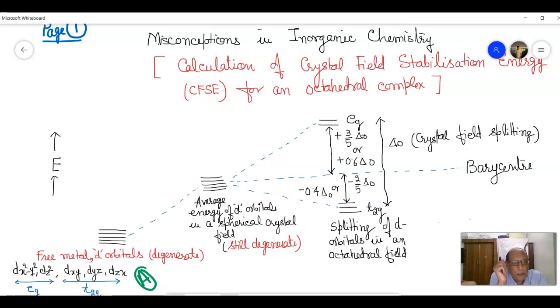These three are degenerate orbitals, triply degenerate, and Eg are doubly degenerate orbitals.